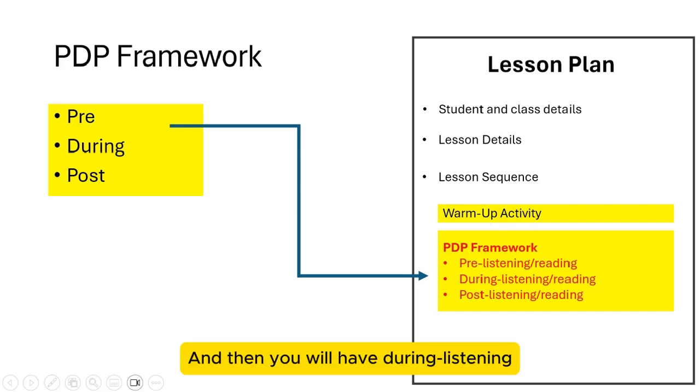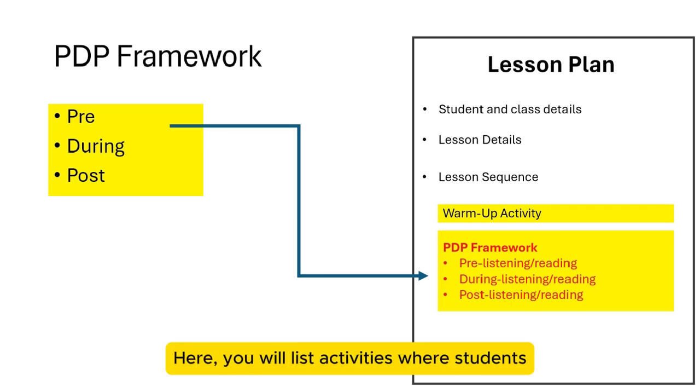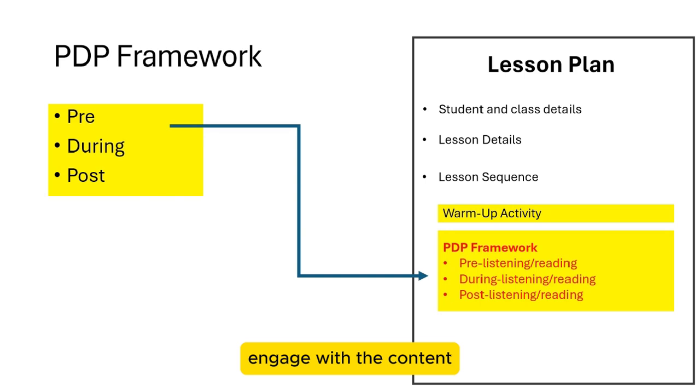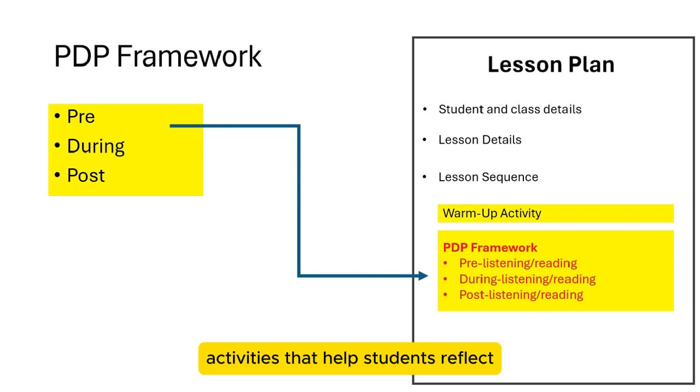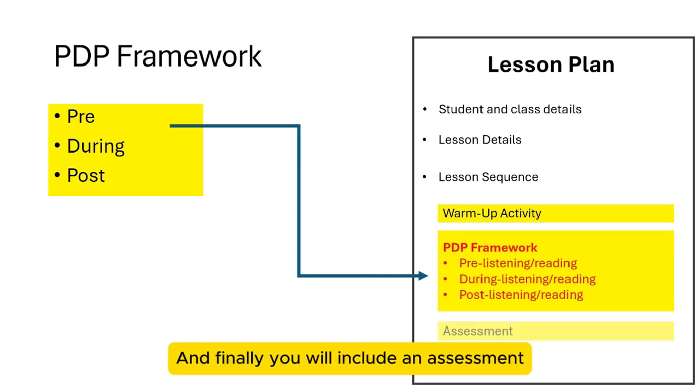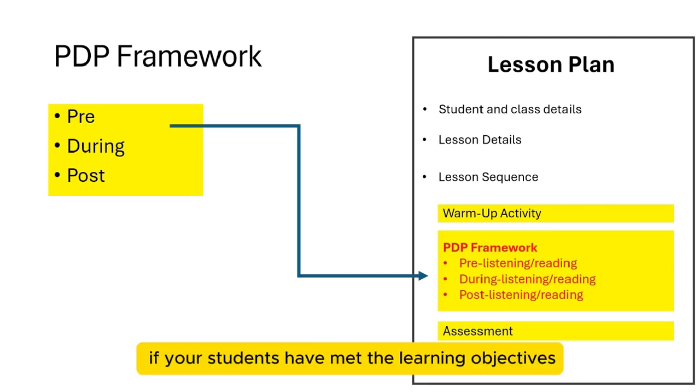And then you will have during listening, during reading. Here you will list activities where students engage with the content. And then you will have post listening and post reading, activities that help students reflect and apply what they have learned. And finally, you will include an assessment like an exit ticket to check if your students have met the learning objectives.